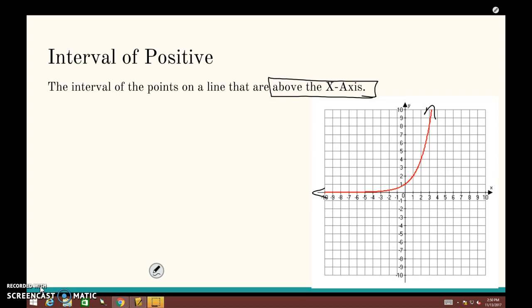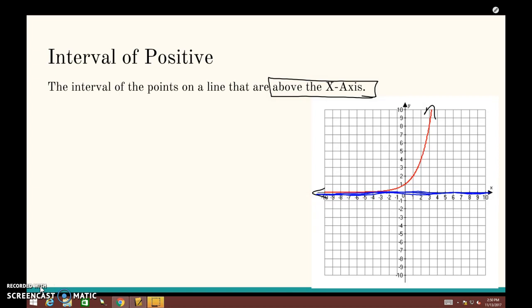So what I mean by that, and the easiest way for me to identify what's going on here, is I'll take a different colored marker, like a blue marker, and draw a line going all the way across the x-axis, just so I can see where my x values are. All right, once I have a nice blue line going across, I can then ask, are my values above or below the line?